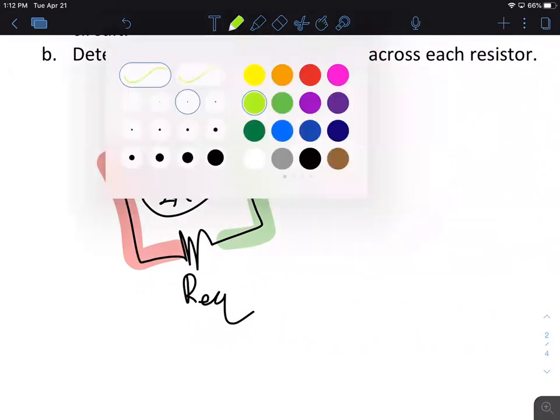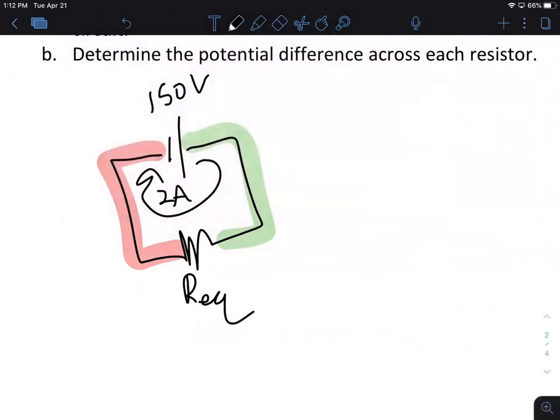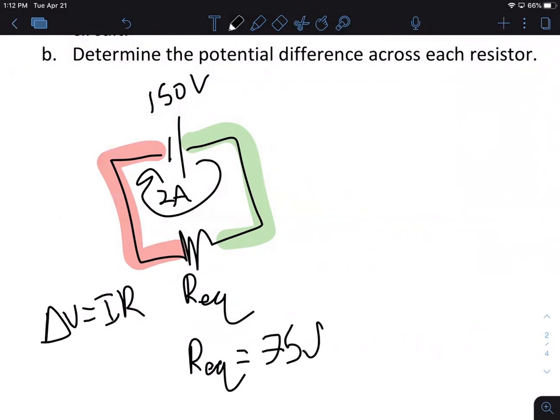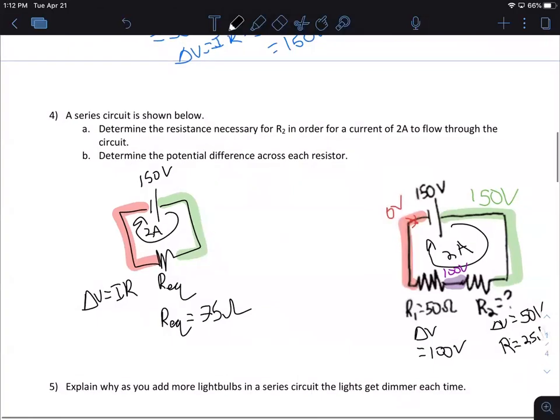So our equivalent, delta V equals IR, is 150 divided by 2 amps, which is 75 ohms. And this is 50. I know in series I add them. 50 plus what is 75?